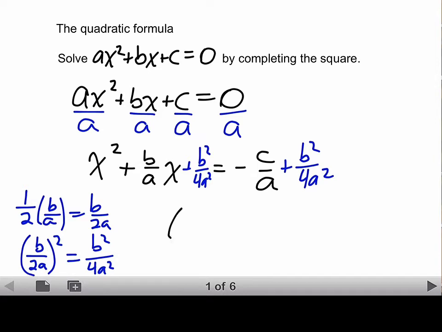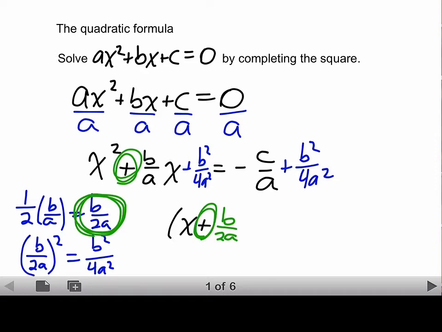On the left-hand side, we have x plus, as you may recall, what goes inside the parentheses matches what we got when we cut b over a in half, right? And the sign matches that term. So we have x plus b over 2a, the quantity squared, is equal to, now the negative c over a plus b squared over 4a squared needs common denominators, right?